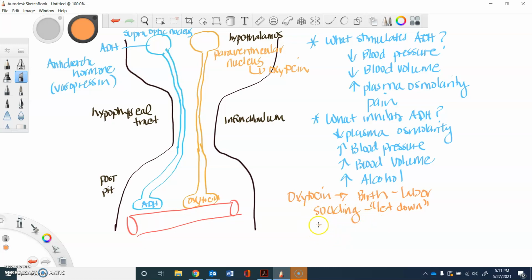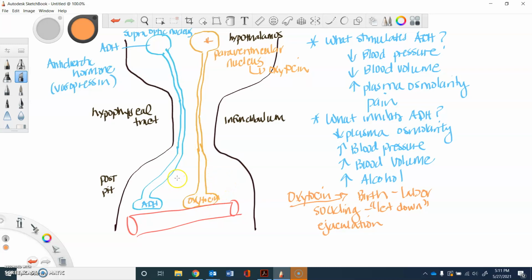It also plays a role in ejaculation. Okay, so oxytocin, again, made in the paraventricular nucleus, secreted by the posterior pituitary. Those are the two hormones that are secreted by post-pit.